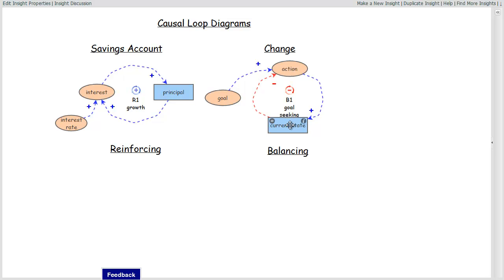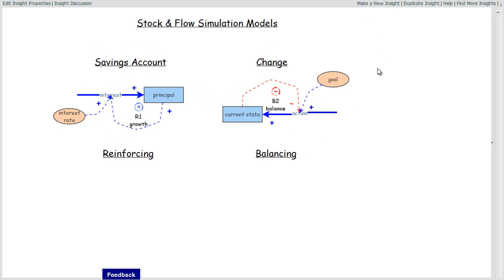Now, causal loop diagrams are a qualitative view of a set of interactions, and I find it helpful to keep track of what's influencing what by drawing diagrams. But when I get to a point of asking how much does this influence something else, I then need to go to a stock and flow model.